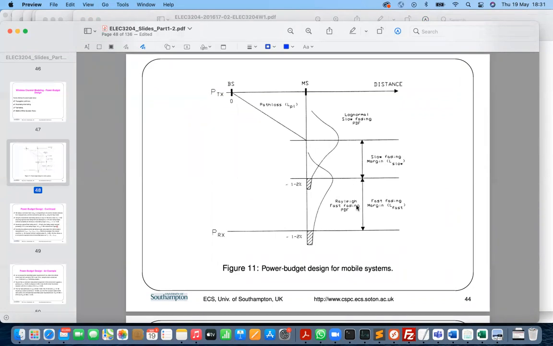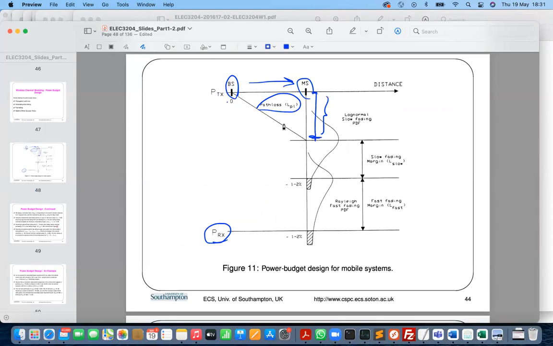So basically, the purpose of modeling the fading channel is that we can compensate for the power loss in advance, so that we make sure that the received signal power is sufficient to support a link. So for example, we have a base station, we have a mobile station, we know the distance. Then the first level is propagation path loss, which causes this much of power loss. So this is the first level of fading, which is propagation path loss. We need to prepare for this much of power loss for the first level.